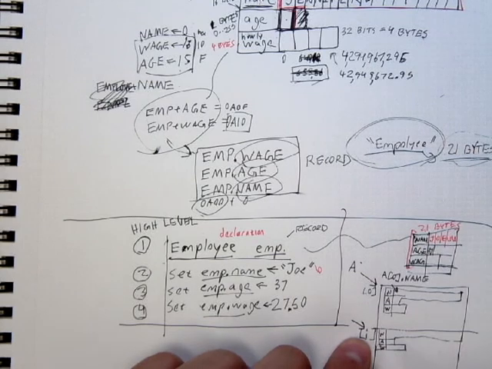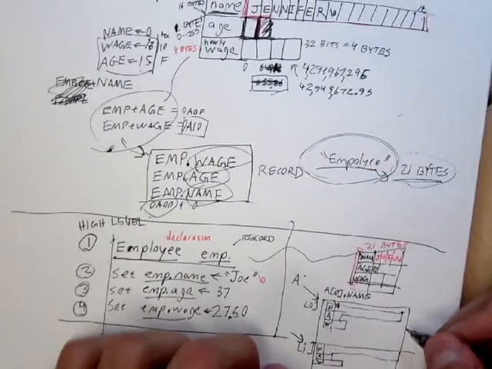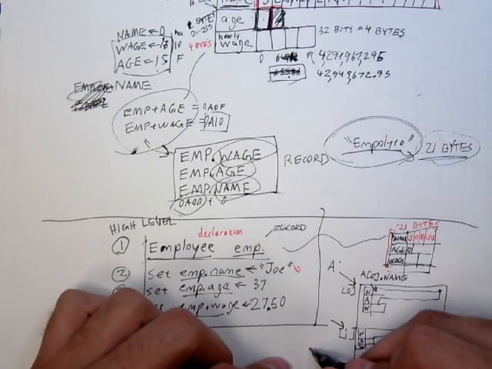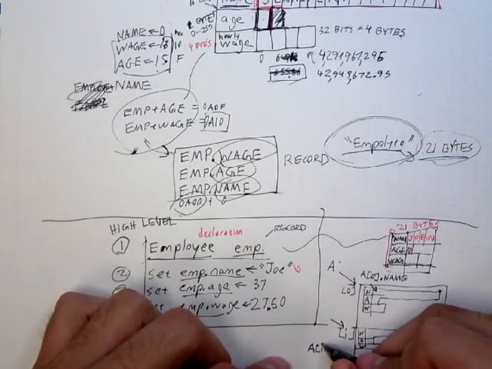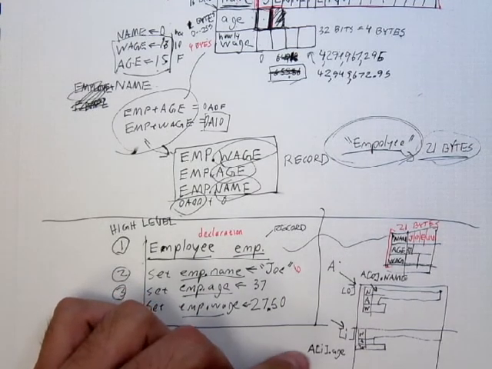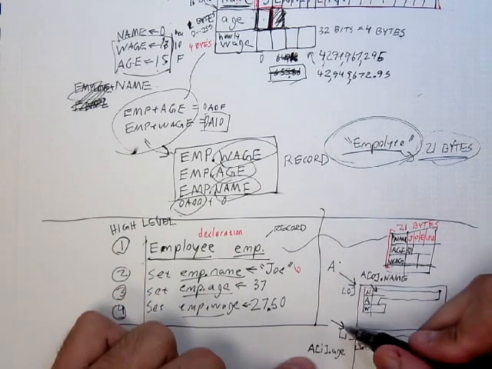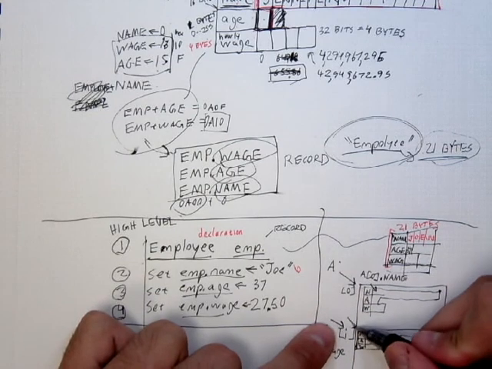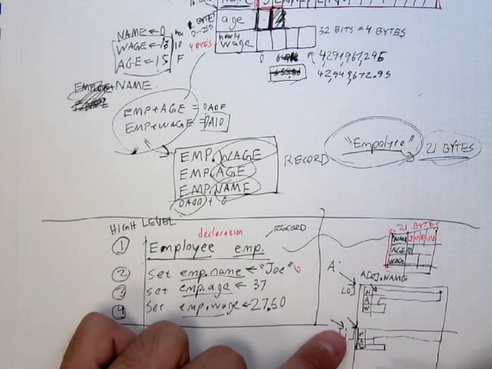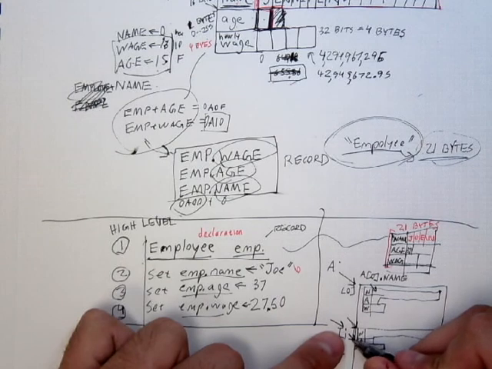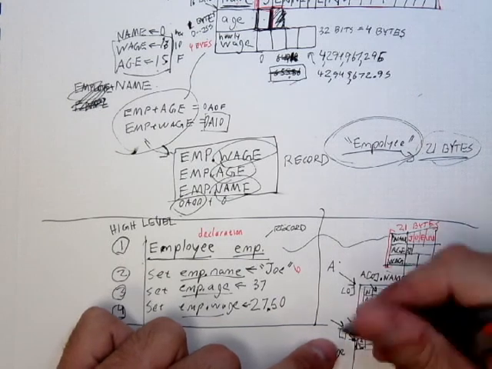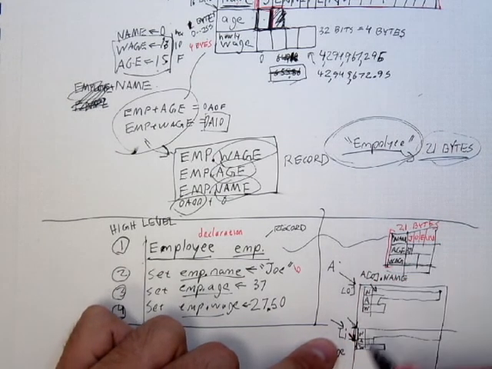And if I wanted to access the age of that person, what I would write is something like A[I].age. Okay, and what that would imply is find the offset to this record, which is right here, and add to that the offset that points at the age. And that would get you this field right here.